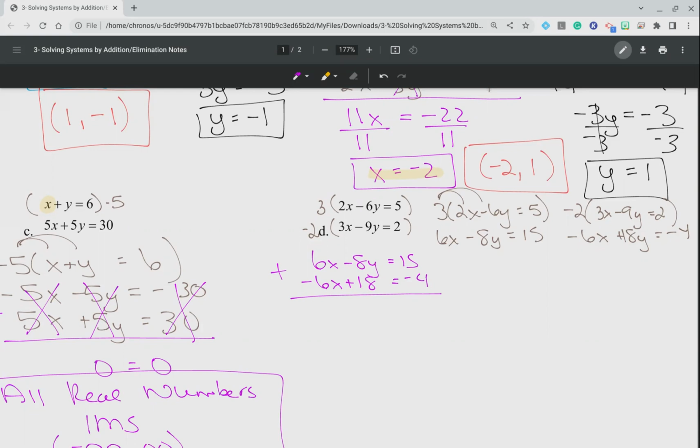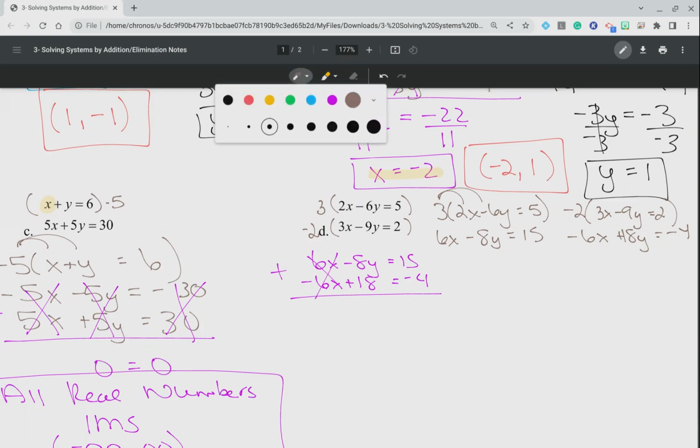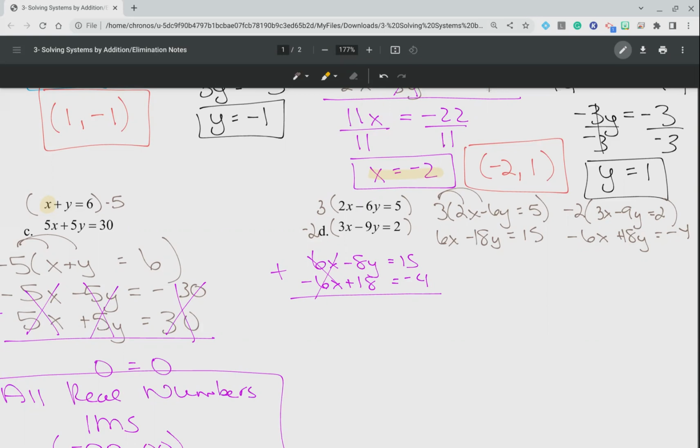So just like we planned it, 6x minus 6x eliminates. And then I get, ooh, I realized I forgot to write a 1 there. Then I get negative 18 plus 18 also eliminates.